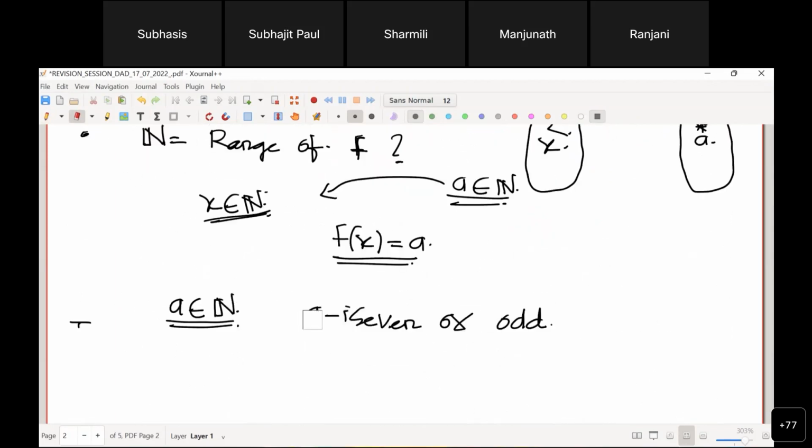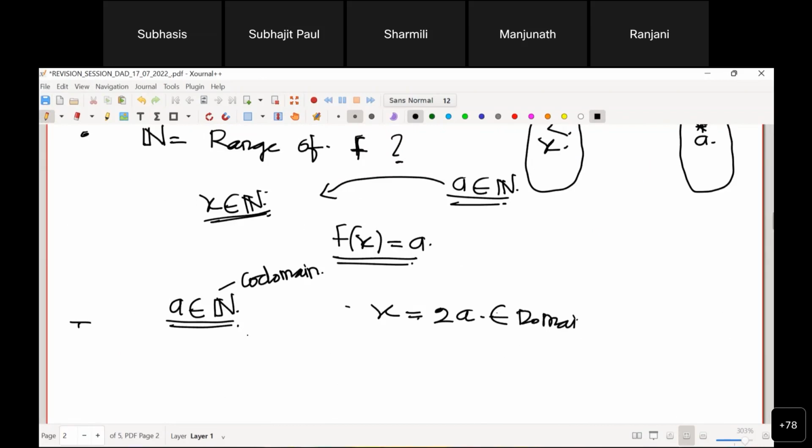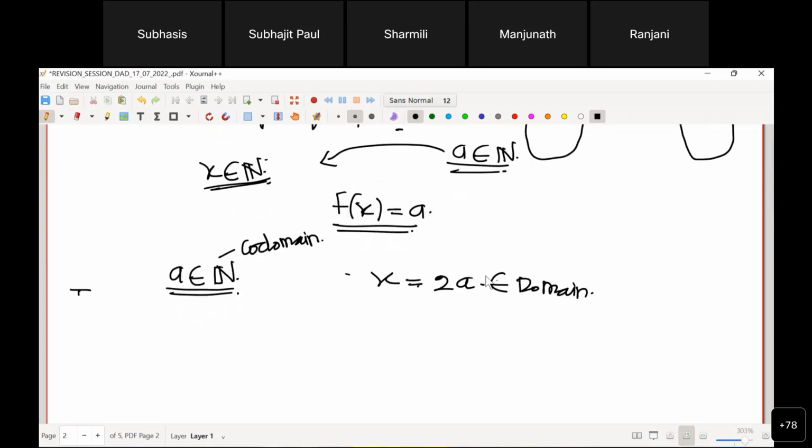We don't have to consider these two different cases. So you pick any element a in the codomain. Now you take x to be 2a, which is in your domain. Since x is 2 times some number, that means x is even.